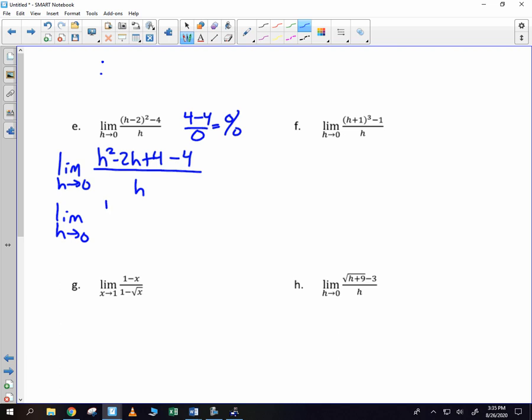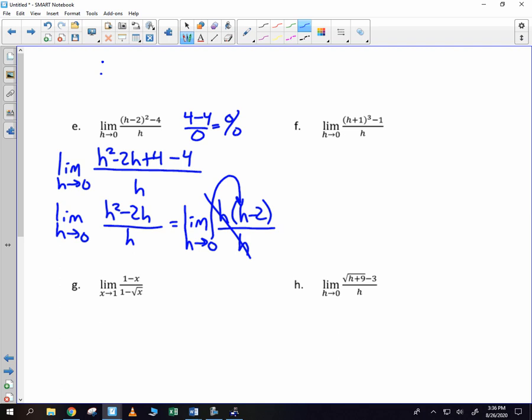As h goes to 0, h squared minus 2h over h. Now notice that you can factor out an h. Limit as h goes to 0 of h times h minus 2 all over h, gone. Plug that 0 in right there, and we get negative 2. So in that case, 0 divided by 0 is negative 2.